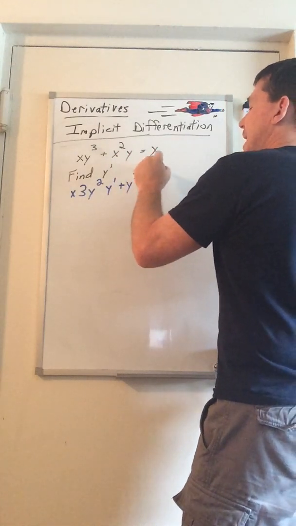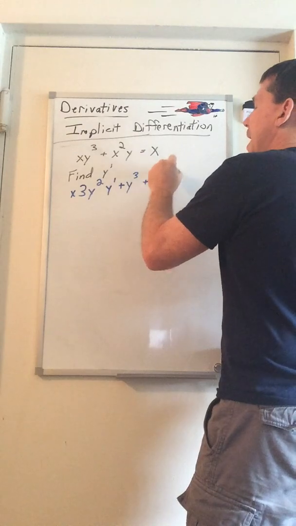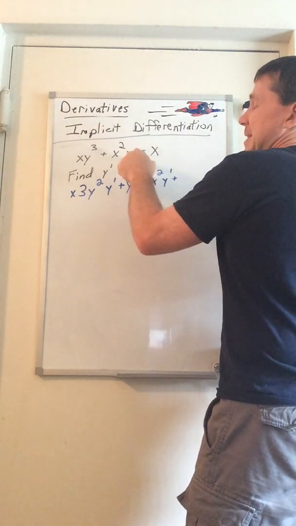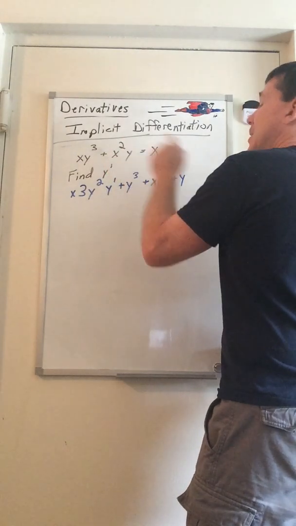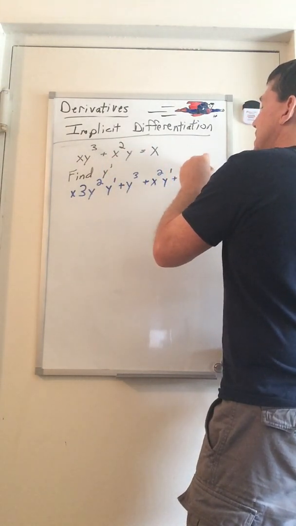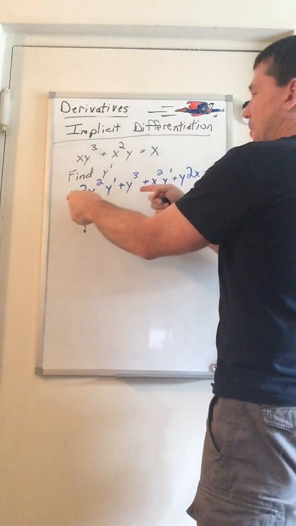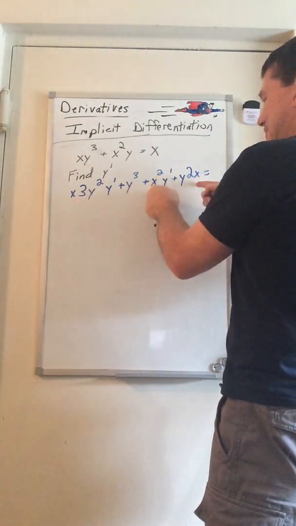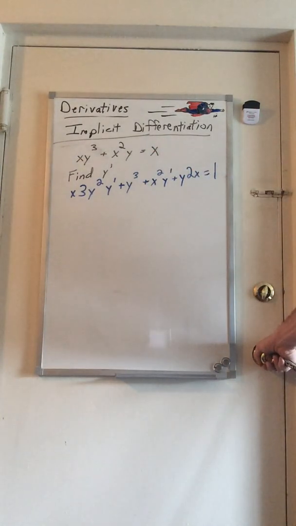So it's the first, x squared, times the derivative of y. The derivative of y is just y prime, plus the second, which is y, times the derivative of the first. The derivative of x squared is 2x. That's my second product rule right here. Oh, sorry, so I have product rule equals the derivative of x, which is 1.